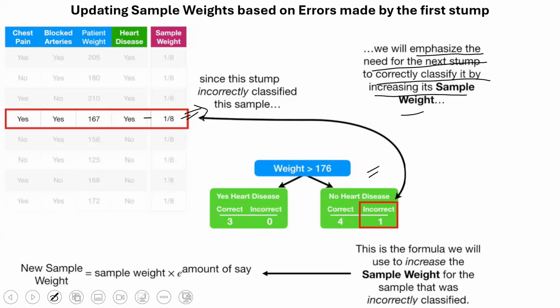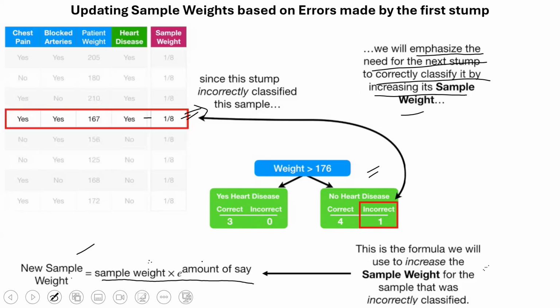That is all about increasing the sample weight for this particular record. This is calculated using a formula. This is the new sample weight for a wrongly classified record. For such records, the new sample weight is the previous sample weight into e to the power of amount of say.